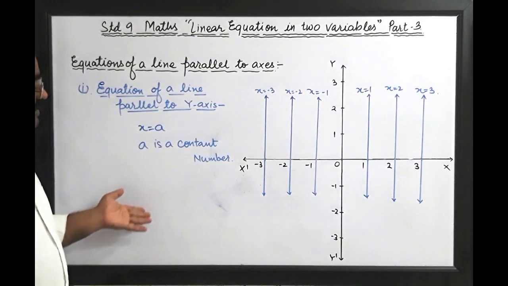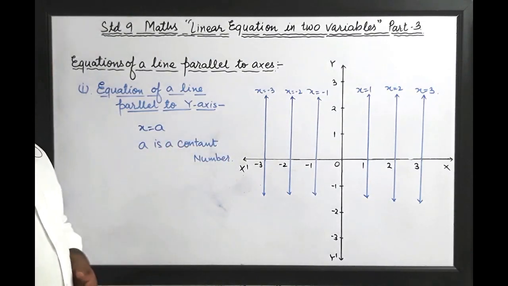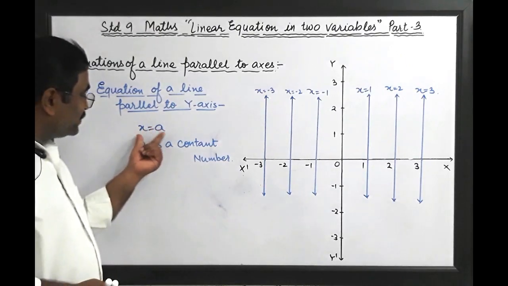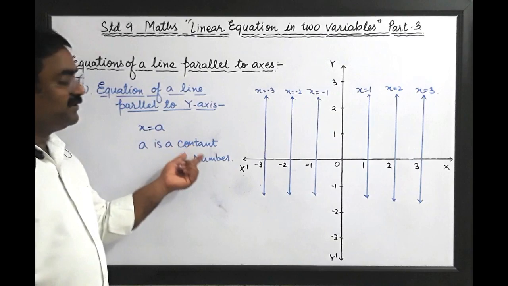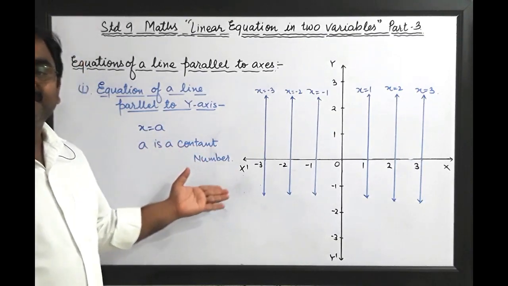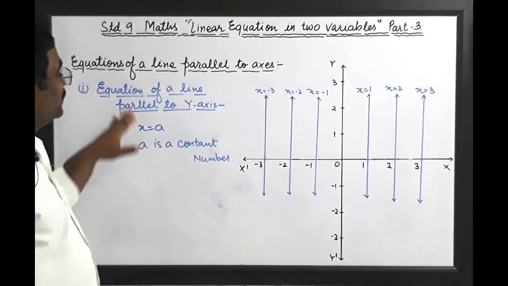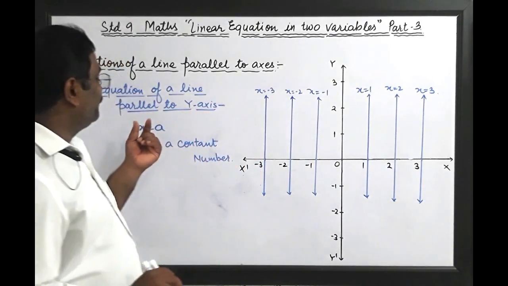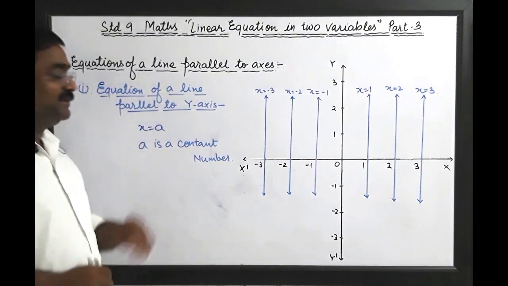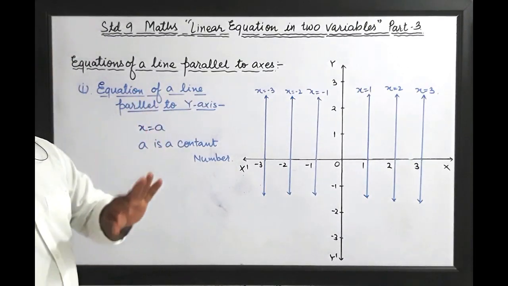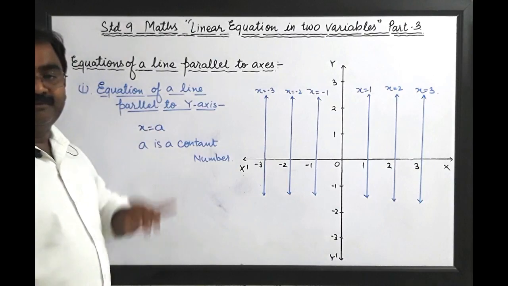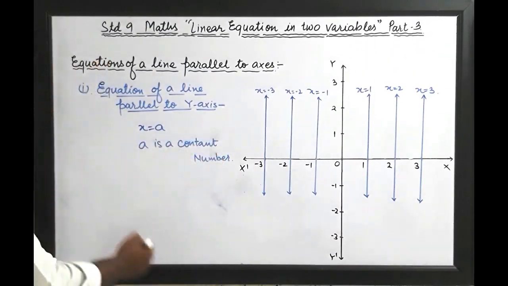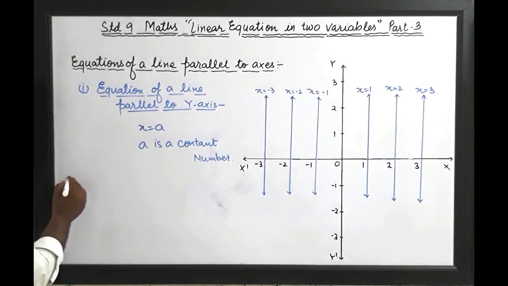It means these equations have the form x is equals to a, where a is a constant number. So the equation of a line parallel to y-axis is always in the form of x is equals to a. This a can be positive, this a can be negative. Right children?